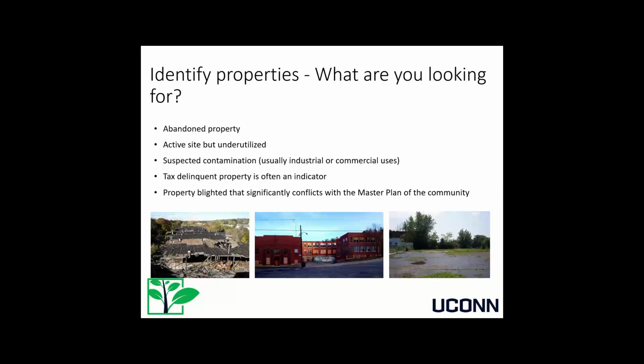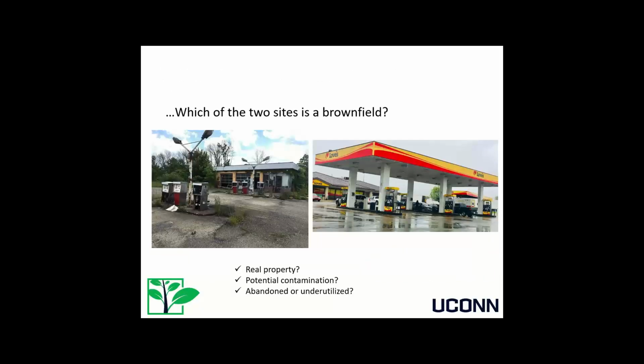And in many cases, if it's a property that is blighted and there's a significant conflict with the master plan of the community, that could also be an indicator of a brownfield site. But this is the rationale of how to go about identifying sites within your community that could meet the EPA brownfields definition.